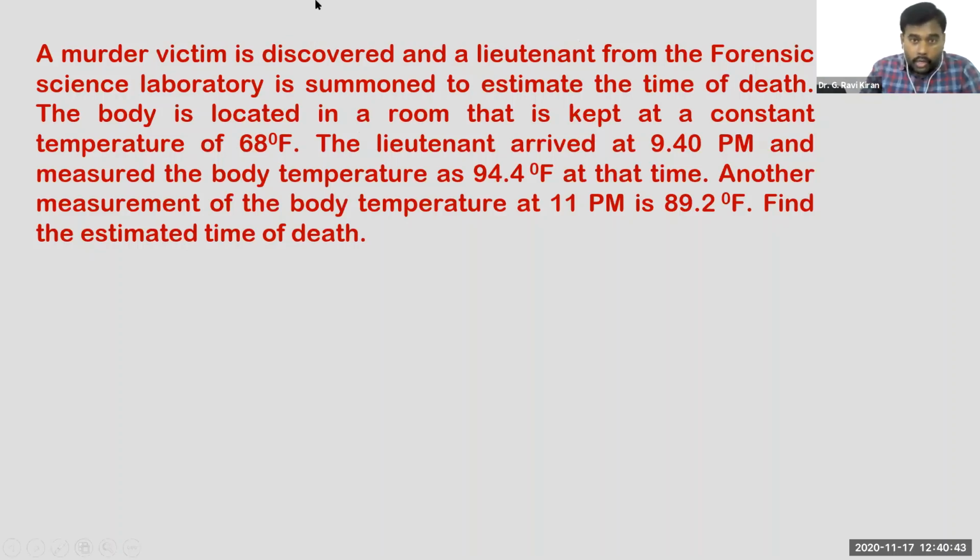If you are a lieutenant from a forensic science laboratory, and you find a murder victim in a particular room or location, the question is, can we estimate the time of death? Can we really understand at what time the death happened, or how long ago it happened? Can we find that out? Yes. You can observe there is some information in this question.